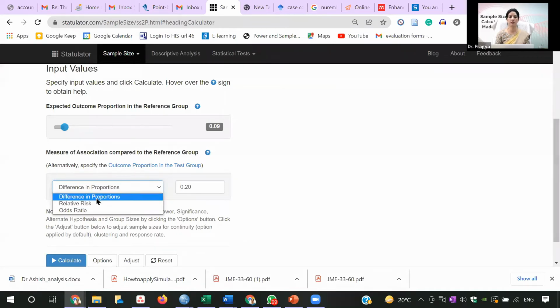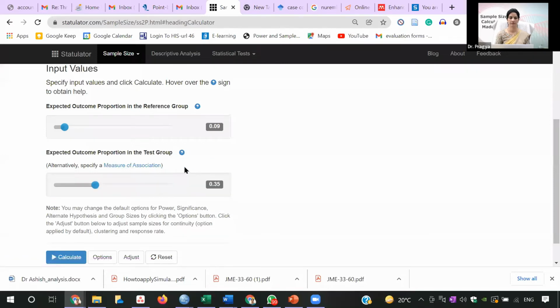So here we will use the difference of proportion. The 21% I will put as 0.21.